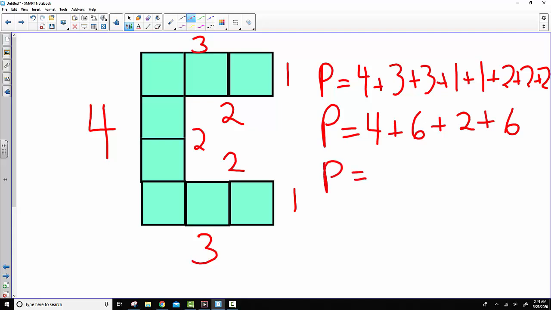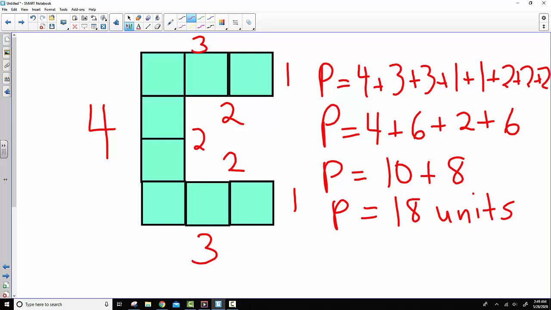So perimeter, we see numbers that are friendly numbers or work together well. 4 plus 6, they're compatible numbers, that's 10. And 2 plus 6 is 8. So our perimeter equals 18 units.